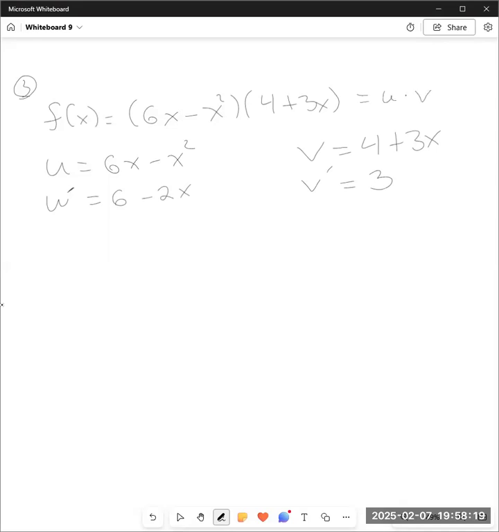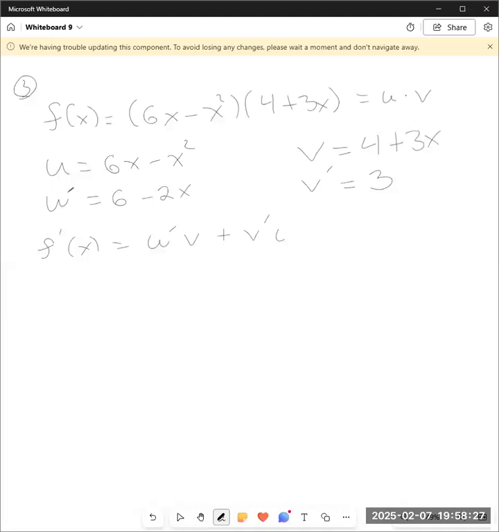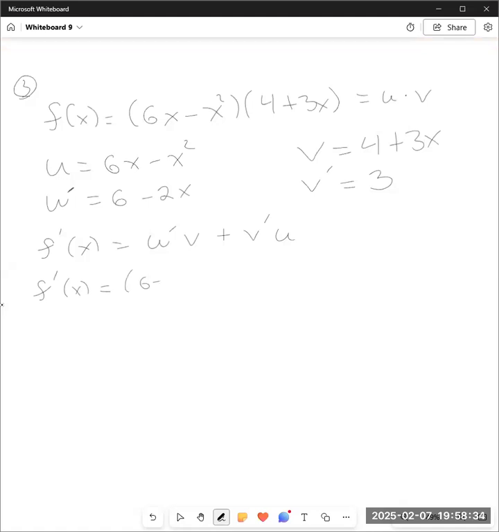So f prime, reminder here, f is u times v. So f prime of x is going to be u prime v plus v prime u. F prime of x is going to be 6 minus 2x times 4 plus 3x plus 3 times 6x minus x squared.